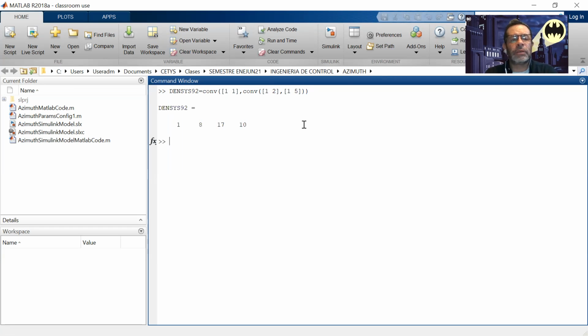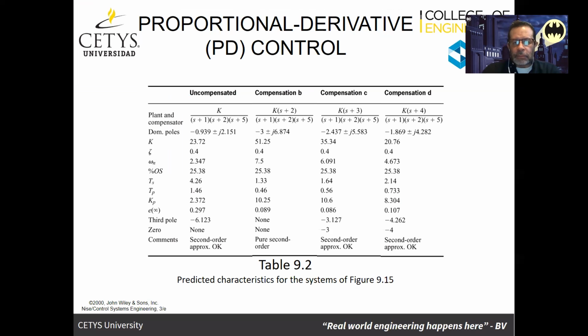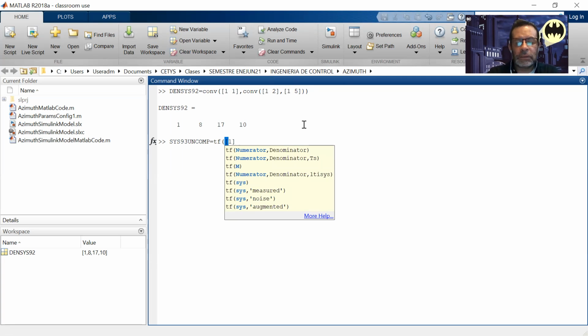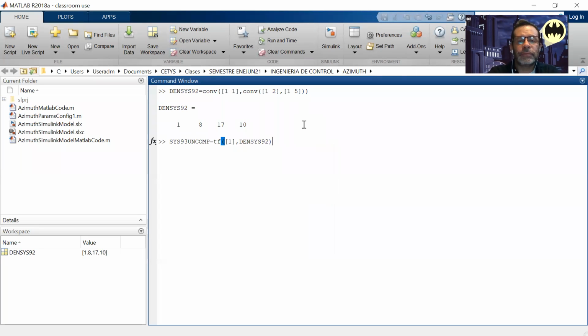Remember, you can follow along in your MATLABs if you wish. So I don't have to replicate this, I'm going to say sys 92 uncomp, which is the uncompensated one, is going to be the transfer function of 1 and den sys 92. Okay, that's going to be the first system.